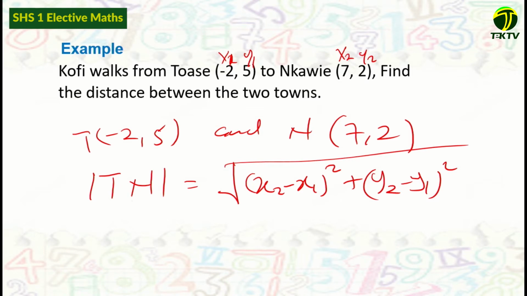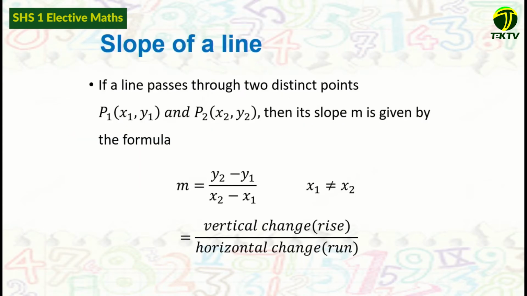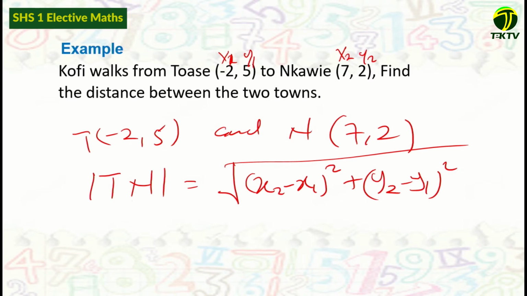And so once you have the formula and the coordinates known, all you do is go ahead with your substitution and then find the distance between the two towns. So obviously by inspection, what is x2? x2 is 7. I want you to do it on your own, and I will give you the final answer to check that you are okay with the whole concept.